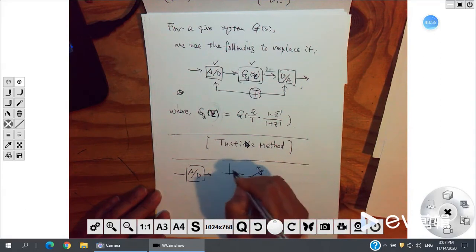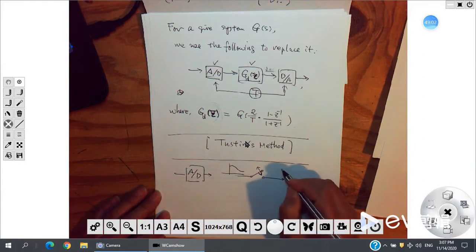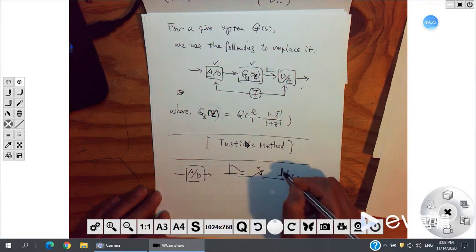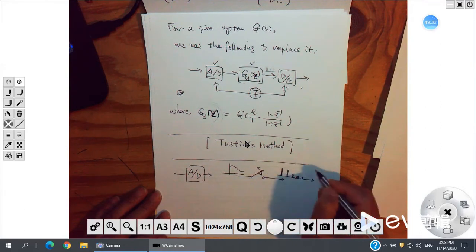Then the signal looks like this: a pulse goes across it, another pulse goes across it, and so on. Then you have a sequence of values, you can measure the voltage of each pulse.